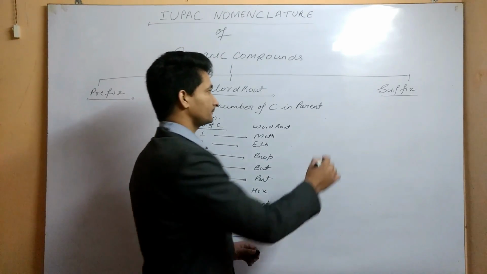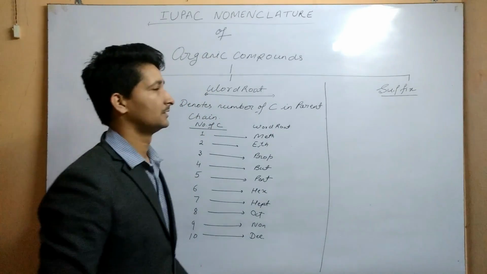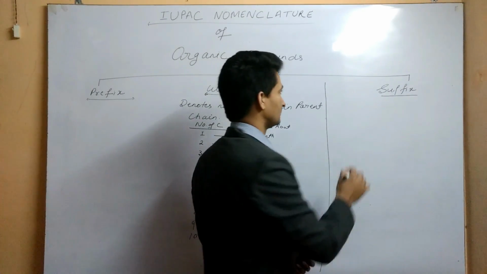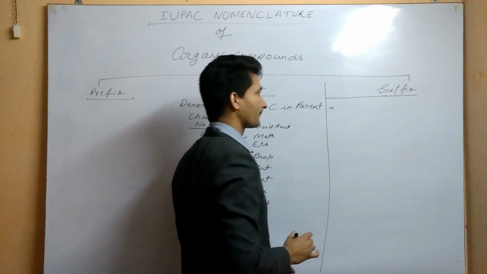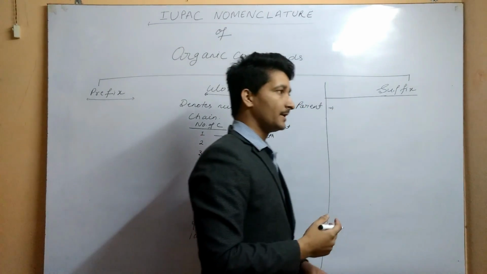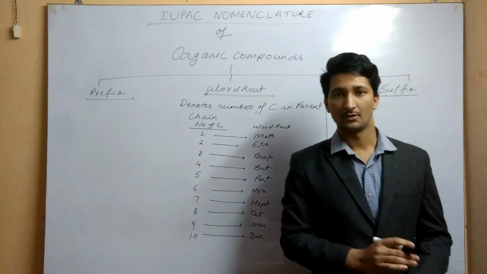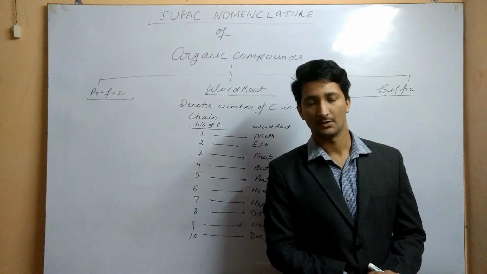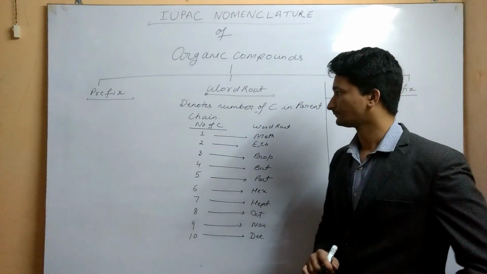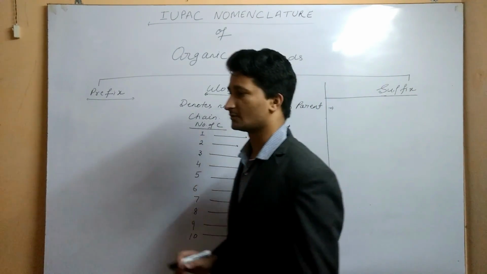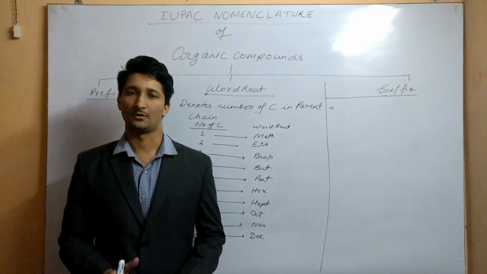Let us see what can be denoted by the suffix. Okay. So first of all, the parent chain may contain each and every carbon as single bond. It may have a double bond or it may have a triple bond. If the parent chain is saturated, that means each and every carbon present in the parent chain is single bond.